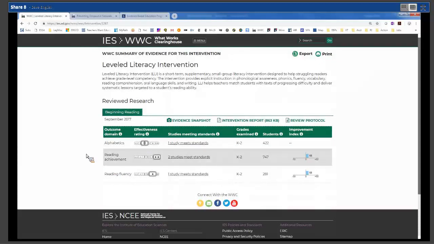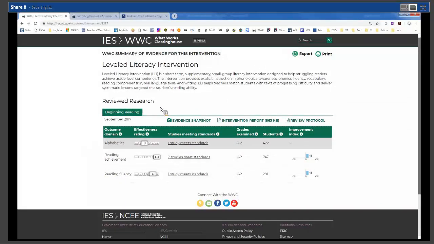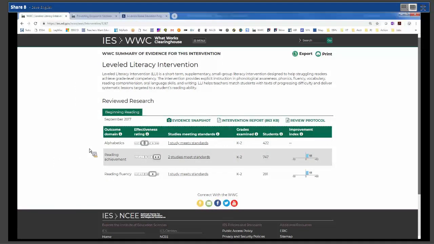And the first thing that pops up on the landing page is different outcomes, right? I've talked a lot about the relationship between the practice and the outcome, and this is where you start to see the rubber hit the road a little bit. This row is describing the relationship between the intervention and the alphabetics outcome, how well students are doing on the skill that is called alphabetics.